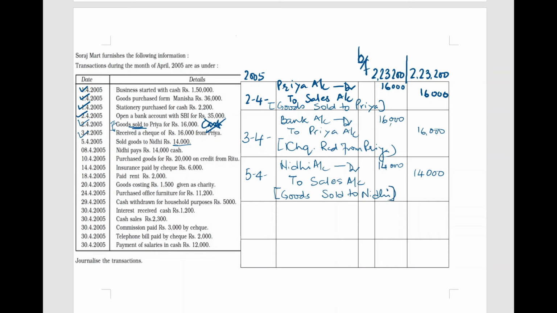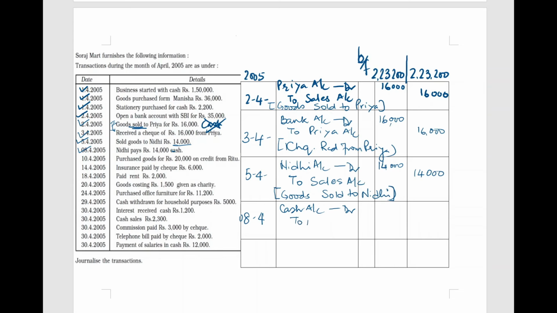Alright guys. Next, goods sold to Nidhi is done. Nidhi pays 14,000 on 8th of April, but in cash. So cash comes in. Cash account debit. Nidhi's account was debited earlier; now she's paying, so it gets cancelled, right?